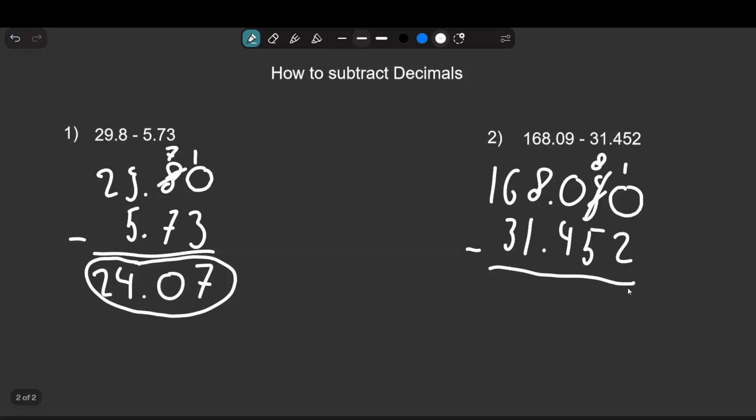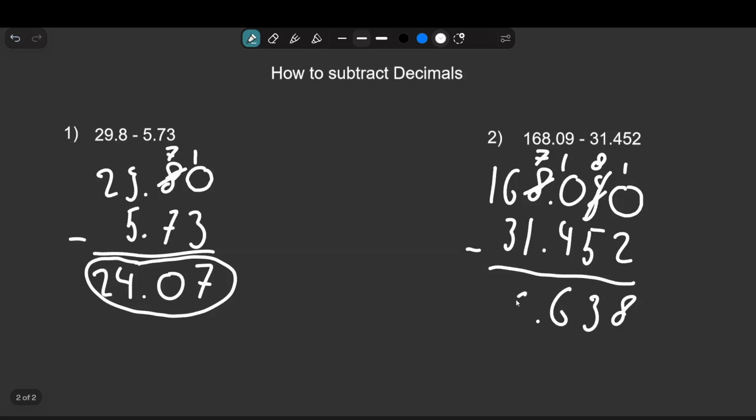So 10 minus 2 equals 8. 8 minus 5 equals 3. 0 minus 4, just like before, we grab a 1 from the 8. This turns into 7, and this is a 10 now. So 10 minus 4 is 6. Now take the decimal straight down next to the 6 because it's lined up. And then we just go further.